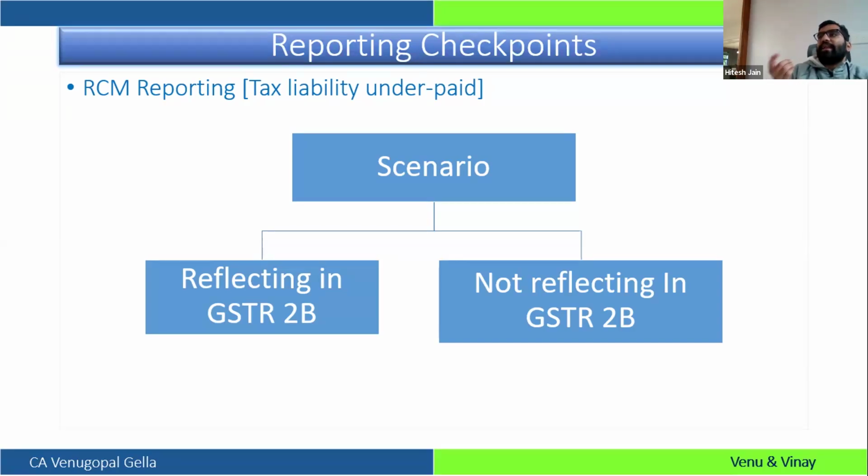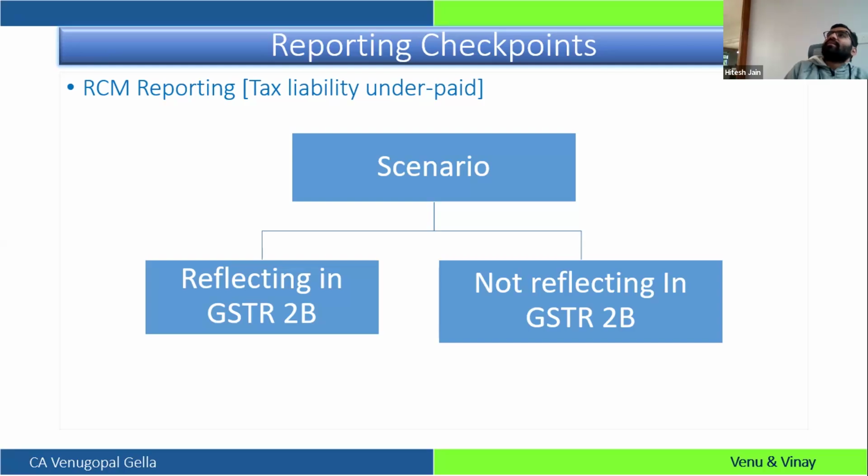Now let us consider another scenario whereby such underpaid RCM is not reflecting in my GSTR 2B, but the expenses which are accounted in my audited books of accounts demand tax to be paid under reverse charge basis on such expenses.